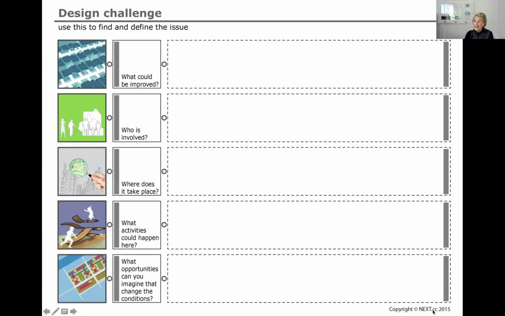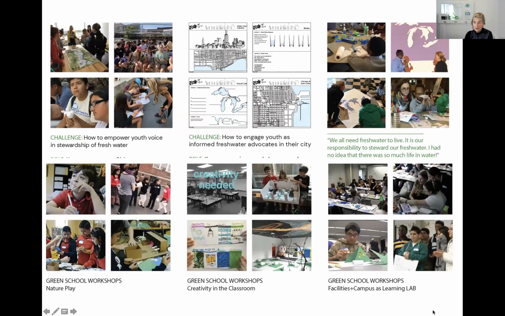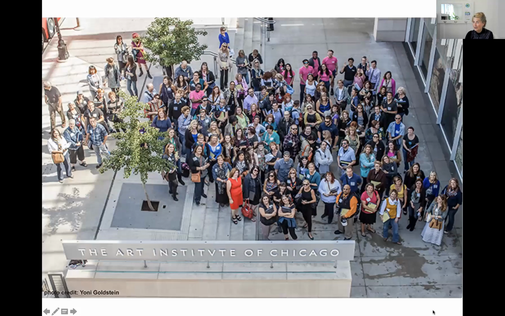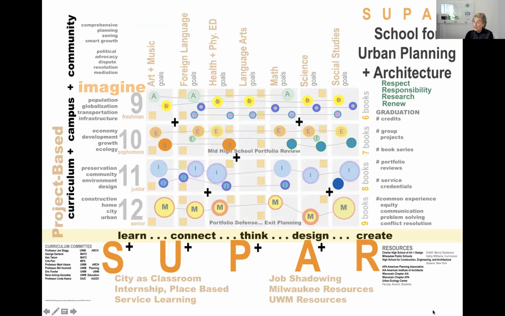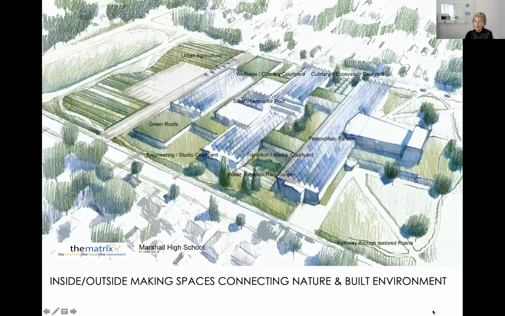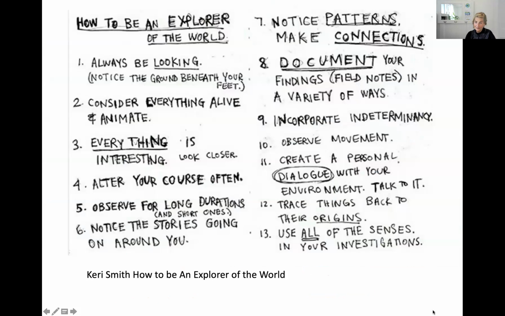We create design challenges for students about different topics, for teachers and professional development, for school districts to bring design and place-based learning across the curriculum, taking it throughout the campus, inside, outside, into the community, and connecting with the natural and built environment in the world.